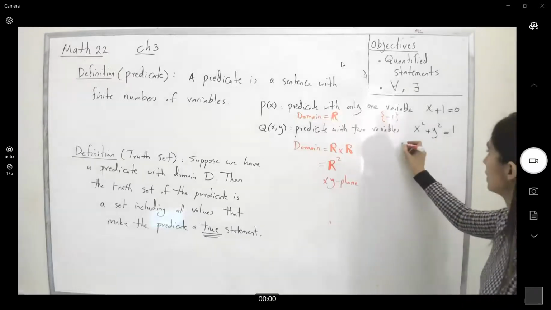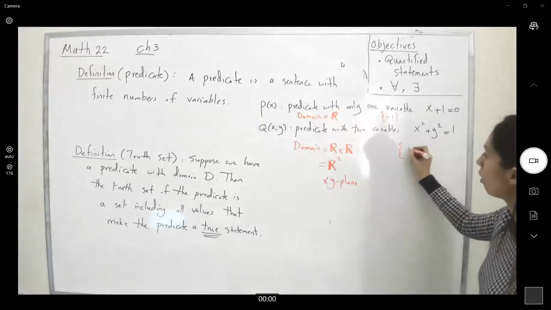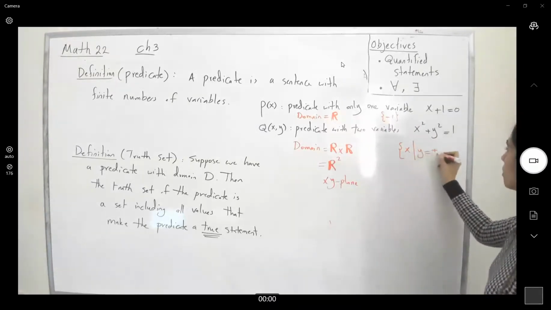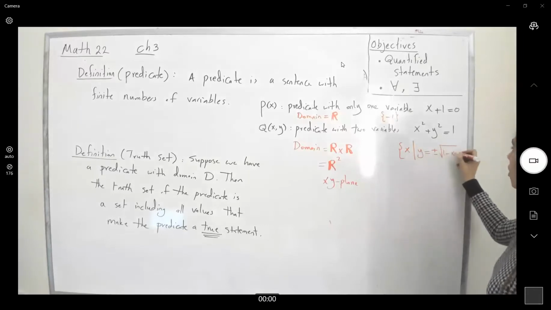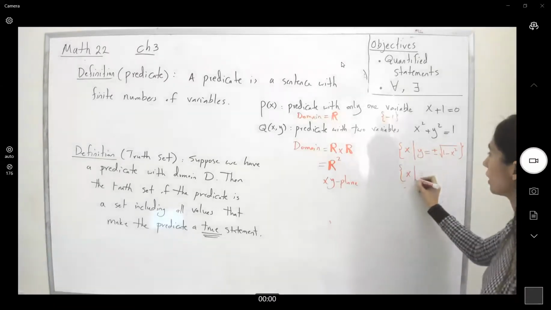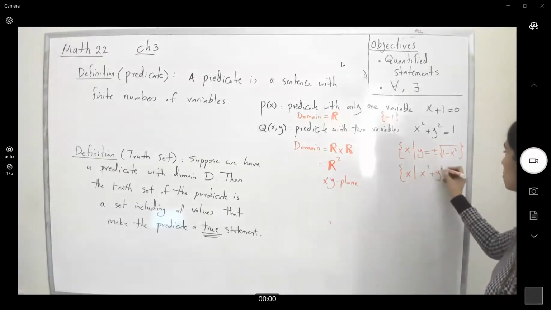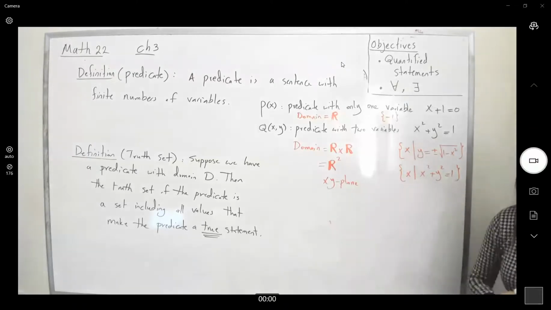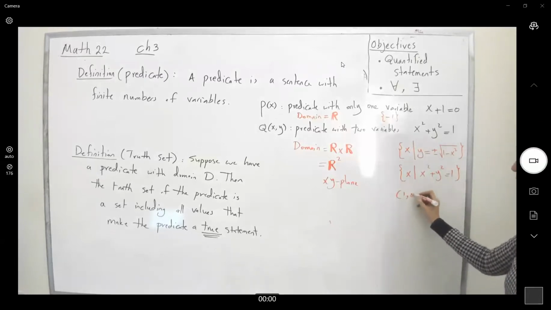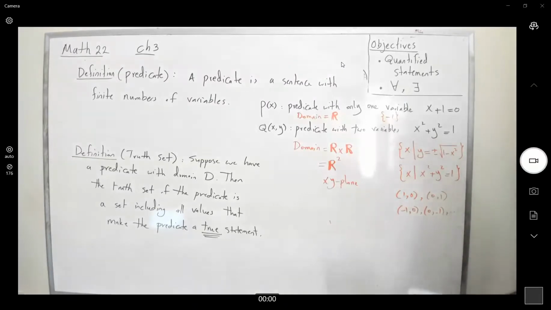You can write it this way: the set of all x values such that y is equal to plus minus square root of 1 minus x squared, or you can write it this way: the set of all (x, y) such that x squared plus y squared equals 1. For example, (1, 0) is a member, (0, 1), (-1, 0), (0, -1), and the rest of the values.